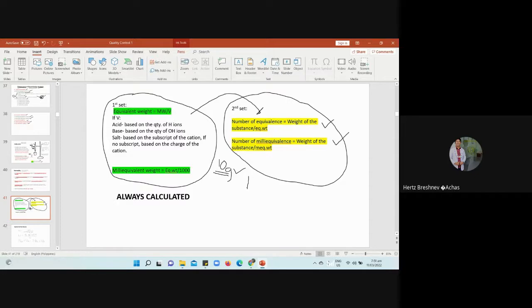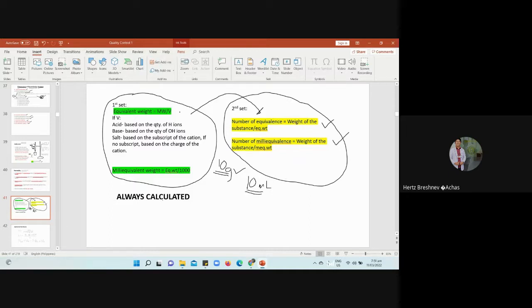Or for example, 10 ml of HCl, how many molecules of hydrochloric acid are in 10 ml. And we can do that through the use of this formula.